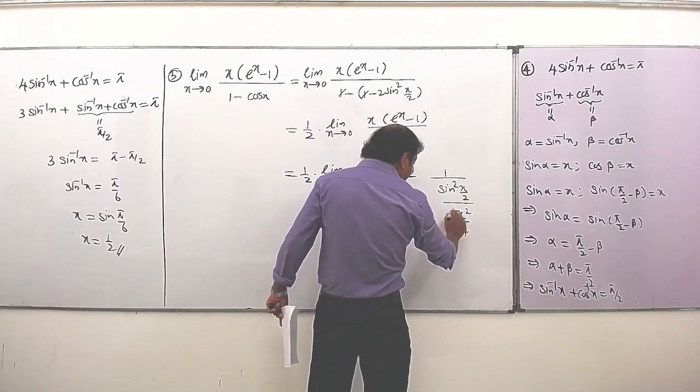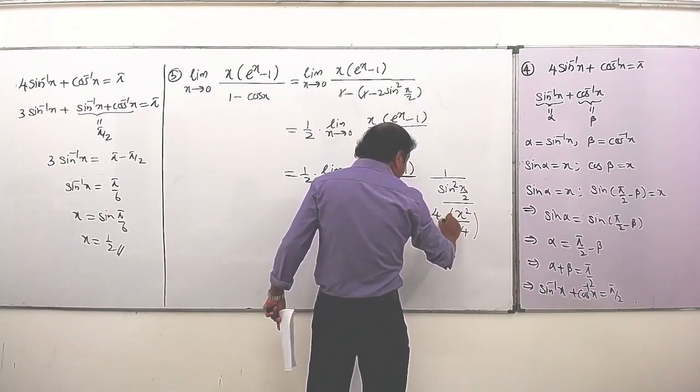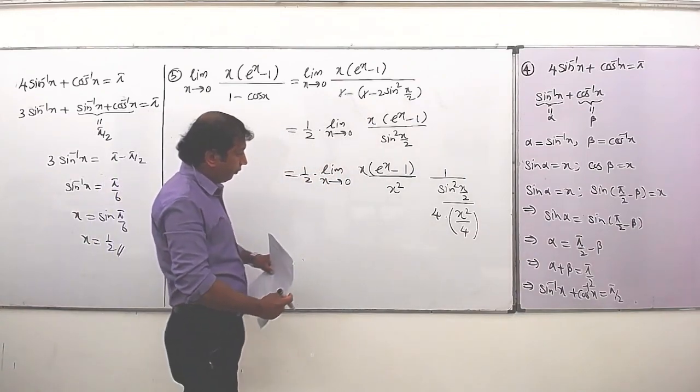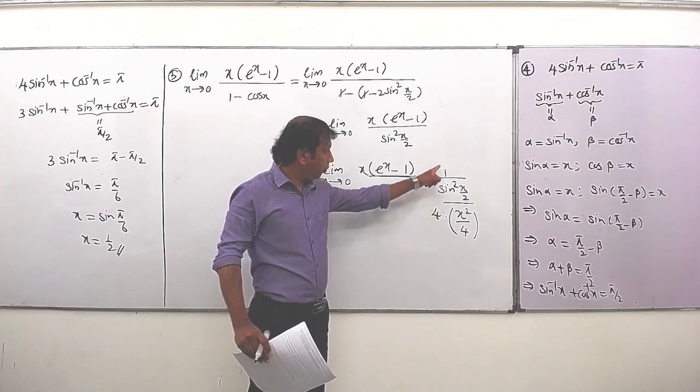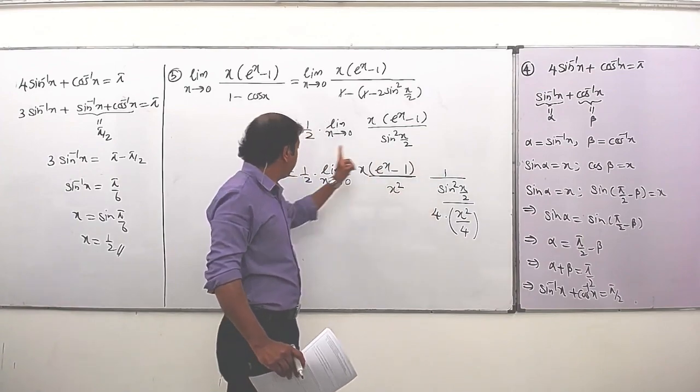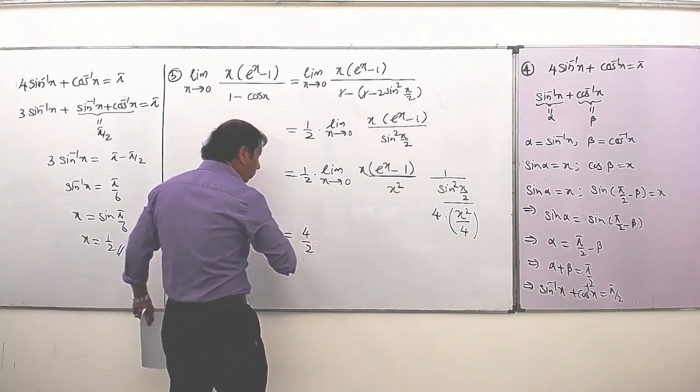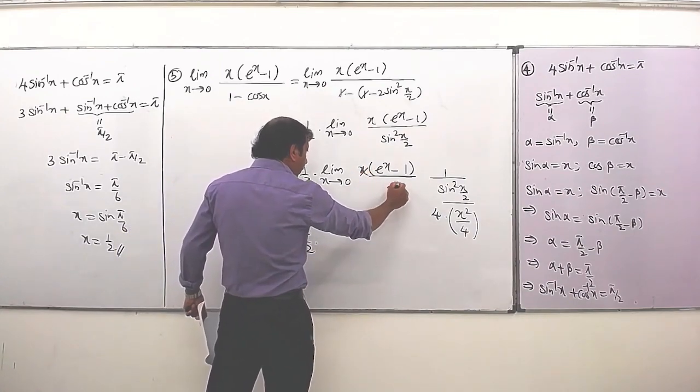To cancel down this 4, I write 4 here. That 4 you can take before, like this. 4 by 2. 1 x you can cancel down with this.